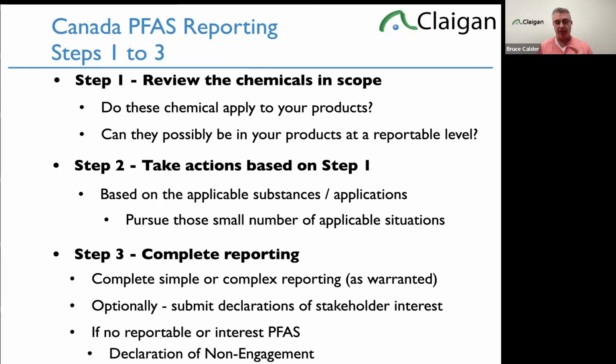So you can end up with simple reporting, complex reporting, you can have both, which are in an Excel sheet, which we can fill for you and just give it to you to submit. You could submit a declaration of stakeholder interest if you have a PFAS that's not reportable for one reason or another. You want to make them aware your industry uses it, whether you commit to using it or not. Or you have none of the above, and you could just do a declaration of non-engagement. You turn out at the end of the day, you have no reportable PFAS.